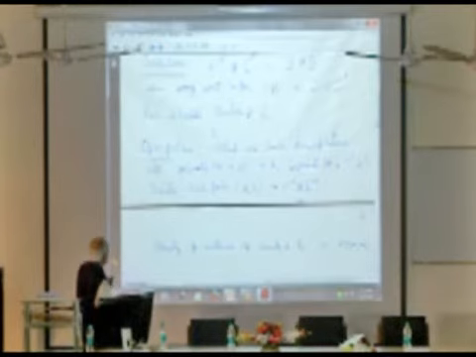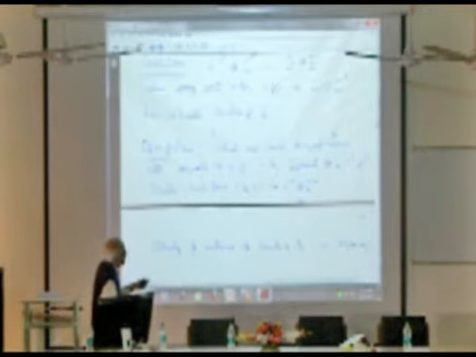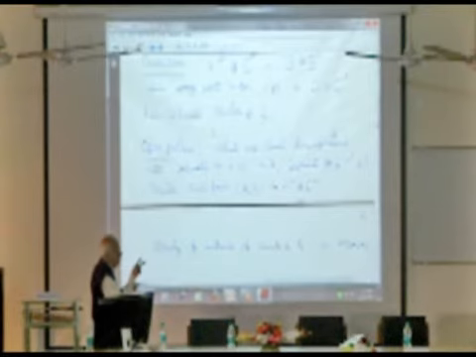I want every element in S to have rank greater than or equal to K, or if I go to the joint system, every element in S should have Schmidt number greater than or equal to K. Every element in the orthogonal complement should have Schmidt number greater than or equal to L. And then the basic Hilbert space has got dimension n.